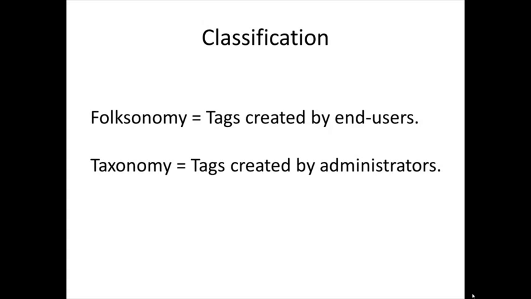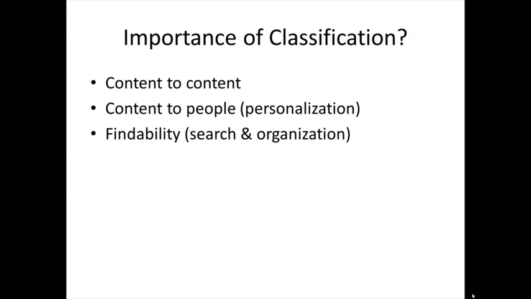Now, again, metadata is simply data about data, and it provides a lot of benefit for us, particularly in the SharePoint world. So the importance of classification really can't be understated, but to explain some of the things we'll be doing with it, you use metadata to relate content to other pieces of content.